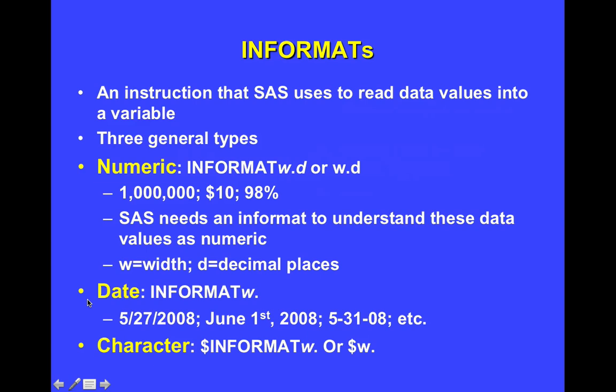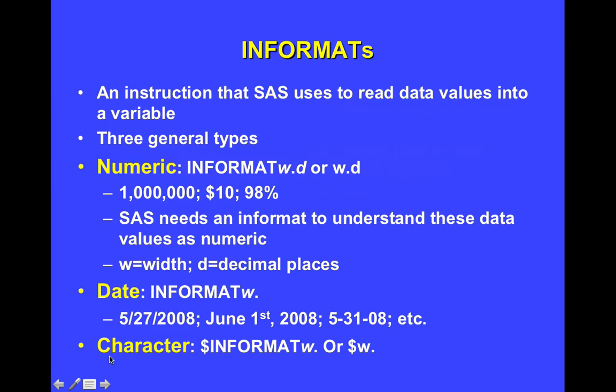There are date informats, and date informats simply will allow you to handle raw data that is a date, and you want SAS to know that it's a date. And effectively what happens is SAS converts dates into numbers if it knows that it's supposed to do that. And by converting the dates into numbers, then you can perform calculations, so you can get follow-up times and ages and things of that nature based on information that is originally provided to you in the form of a date. Again, we'll see examples of this.